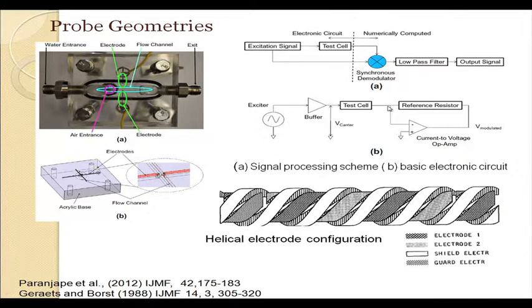The voltage across the reference resistor is measured, and that gives us an idea regarding the amount of current which was flowing through this particular cell. And along with the raw signal, attempts were also made, just like other researchers, to perform probability density function analysis of the signal, such that we can obtain a better idea regarding the flow distribution.